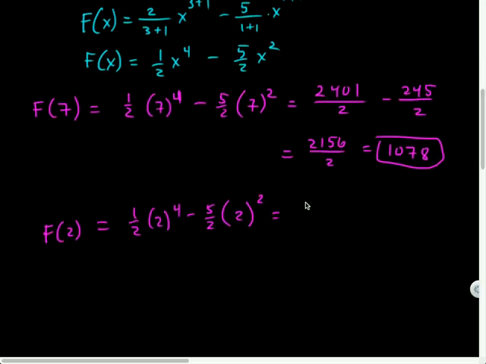Let's see. So that's 16 halves. I won't reduce that yet. 2 squared is 4 minus 20 halves. So it's going to be a negative number, actually. Negative 4 halves, right? Or negative 2. I don't think I made any errors.